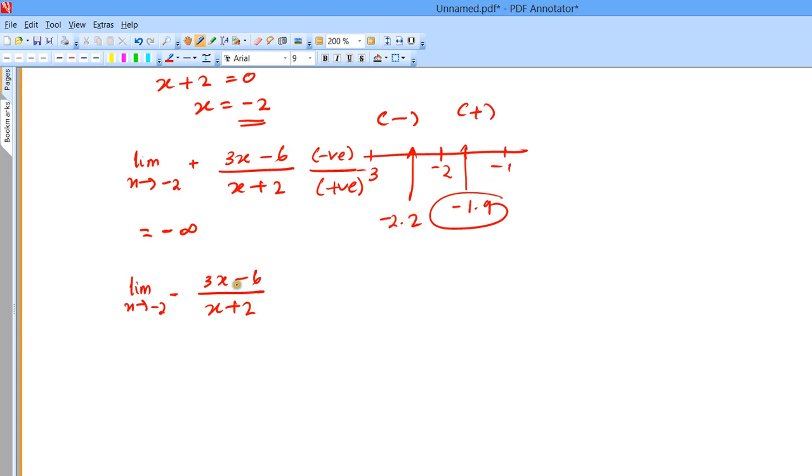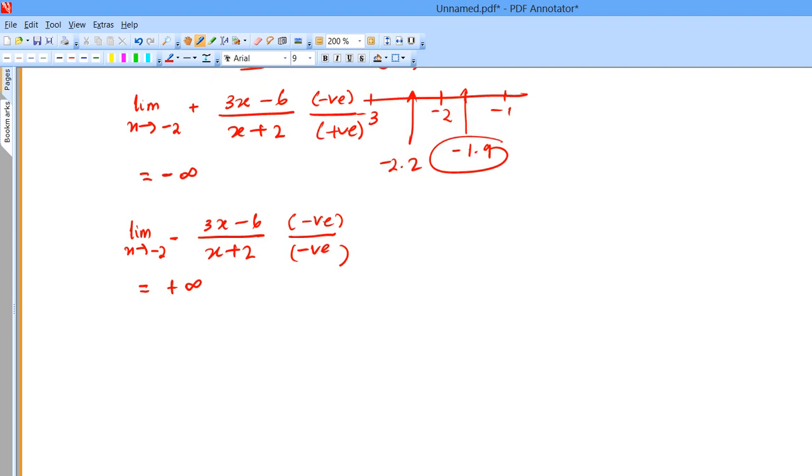And then you substitute at the numerator, the value is negative sign, and the denominator you get negative sign also. So negative divided by negative equal to positive. So the final answer equal to positive infinity. This is the analysis for vertical asymptote.